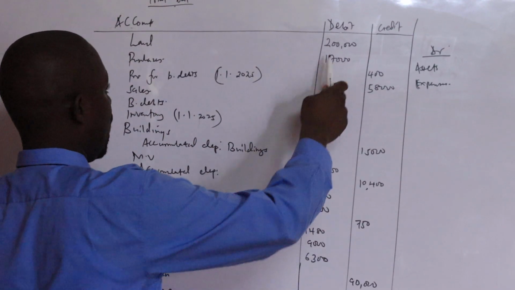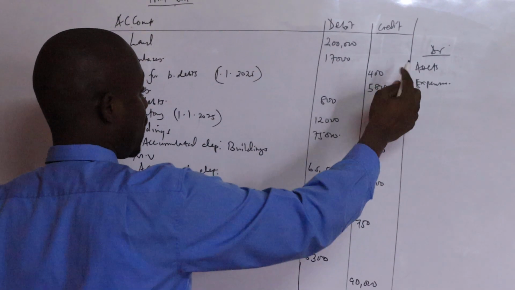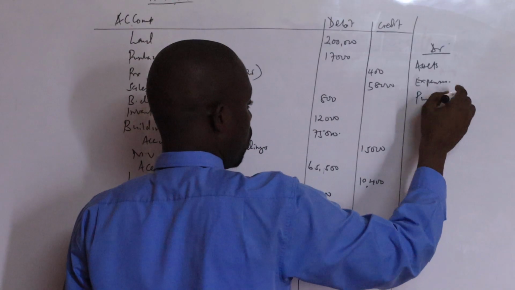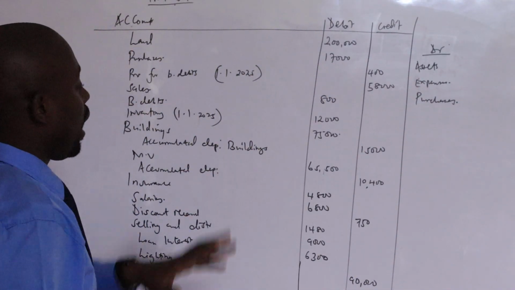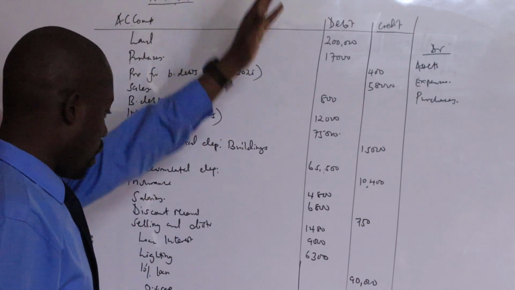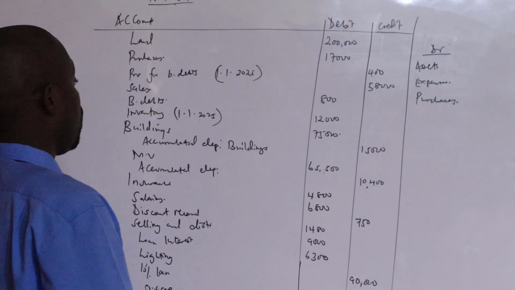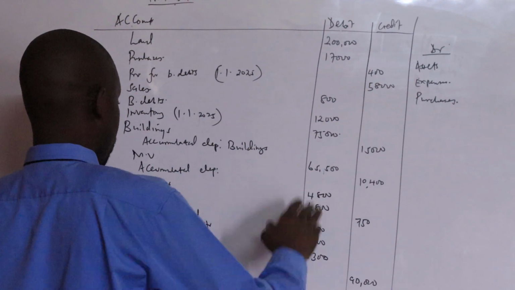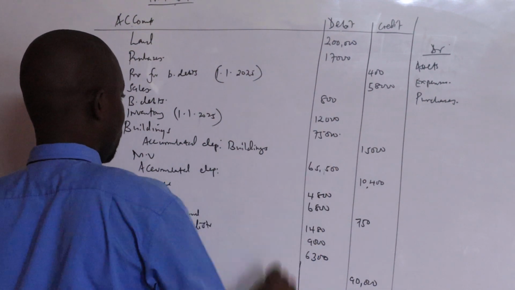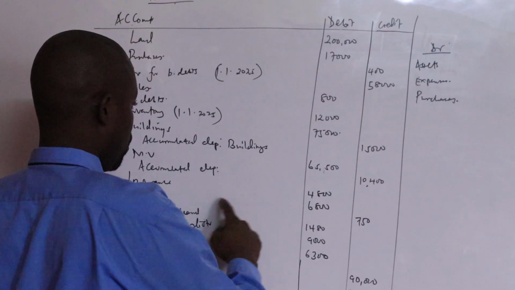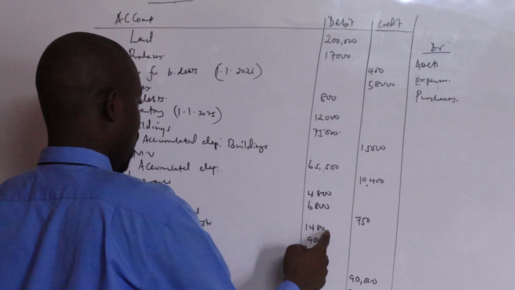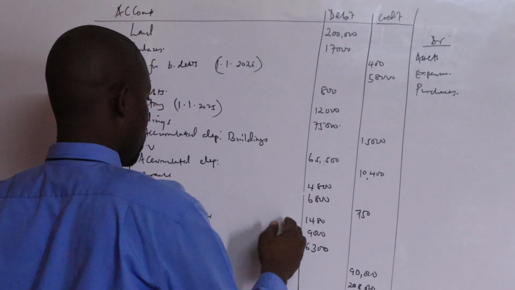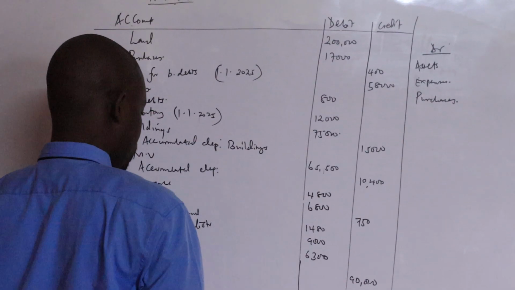On expenses, I also put what we call the cost of sales figure, which is basically the purchases. So assets, expenses, purchases will have their figures in the debit column. We have land here, we have purchases, bad debt expense, inventory. I'll talk about it later. There's an asset, buildings, an asset, motor vehicle asset, insurance expense, salaries expense, discount allowed. You've got selling and distribution expense, loan interest, an expense.